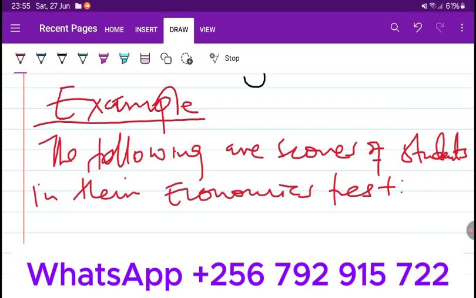So we are going to give these values. We are going to just list them.